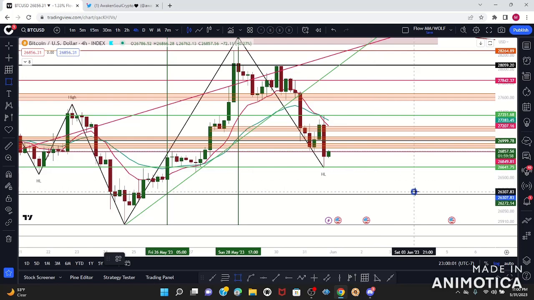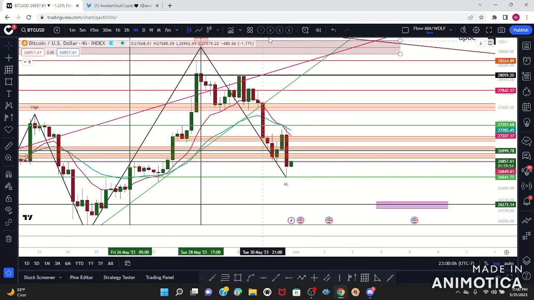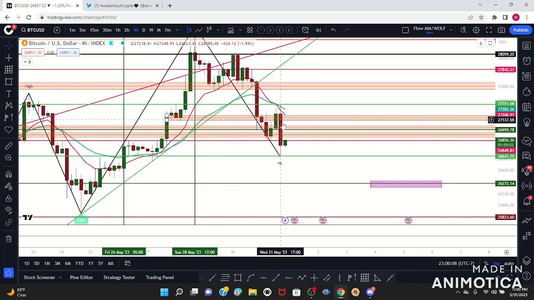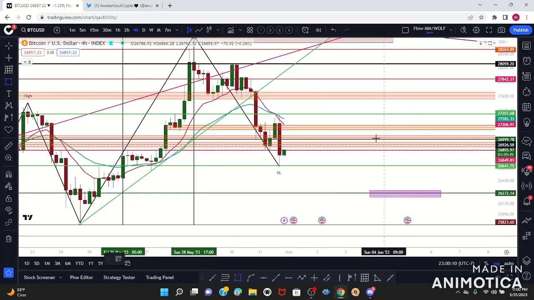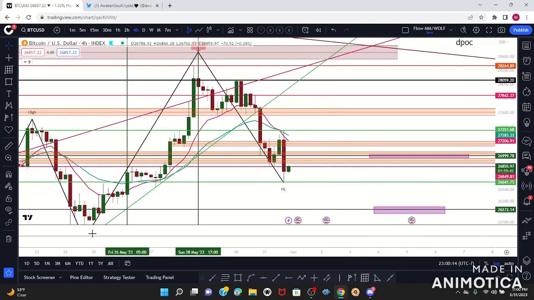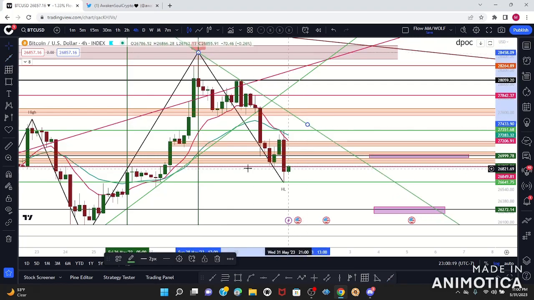I hope I'm not losing you. Okay, so we have that support that broke down. First 4-hour target was hit. Let's highlight it so we know it's a 4-hour target. And just like we have support, let's have a 4-hour resistance trend line here.